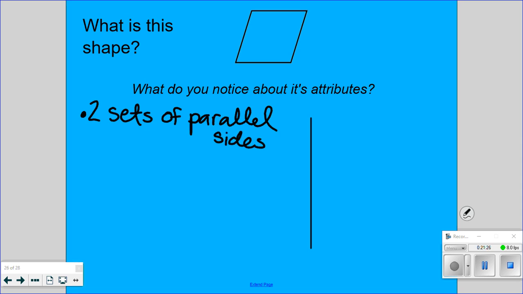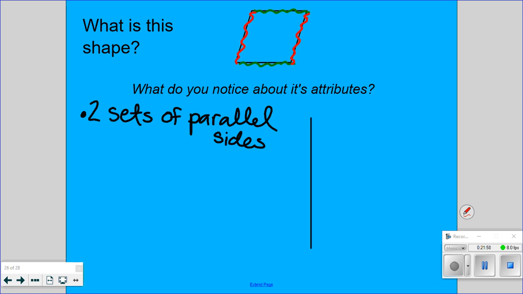These parallel sides are a little different. We're going to look to our opposite sides. So I might do my top and bottom. If they go forever and ever, they will not run into each other. And then I might look at my sides, left and right. If those go on forever and ever, they will not run into each other. Devin is correct. We have two sets of parallel sides.